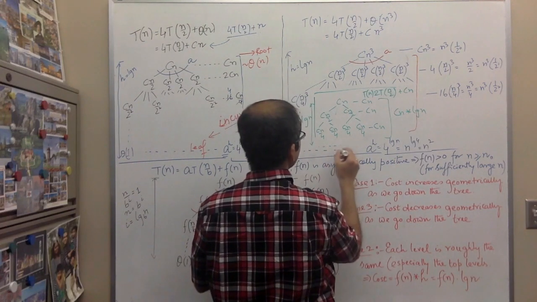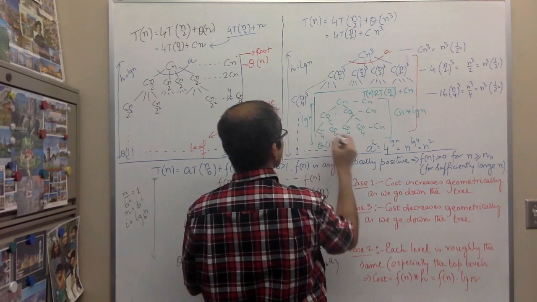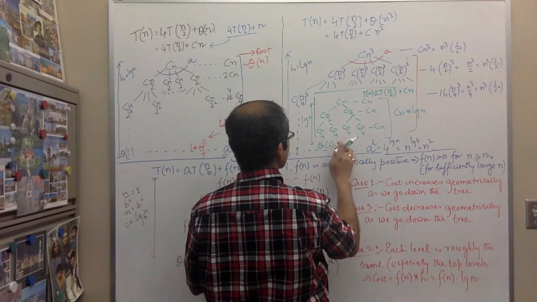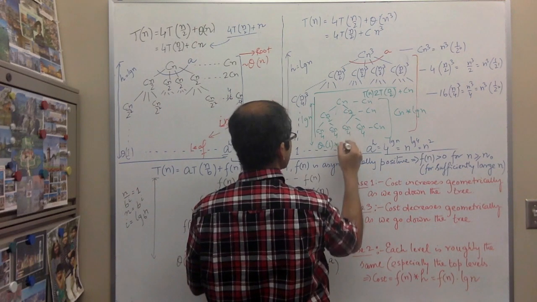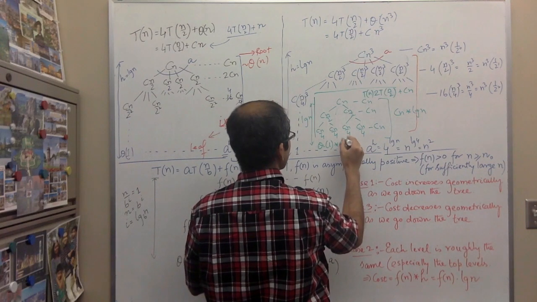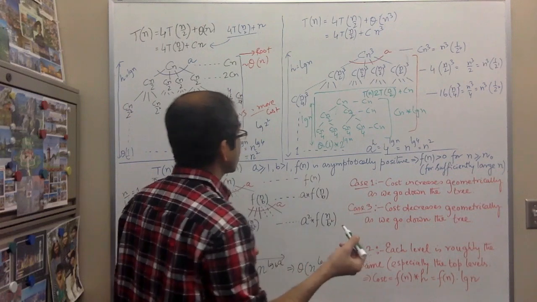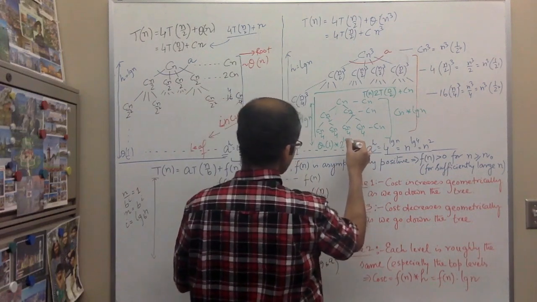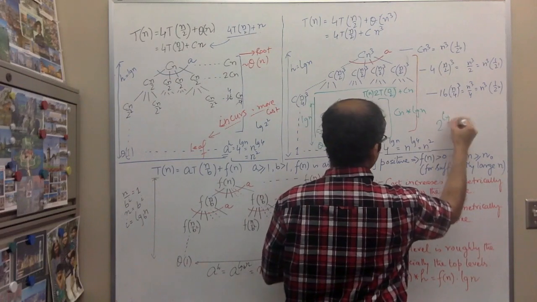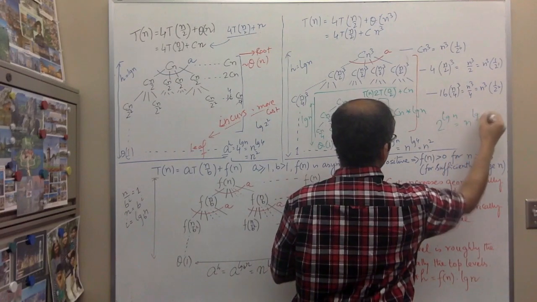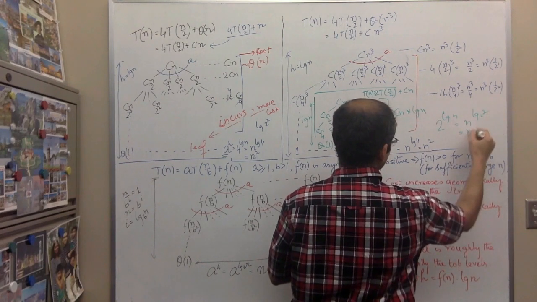The nodes at the leaf level were theta 1 times a to the power h, which is a to the power log n. A is 2, so 2 to the power log n is n, by the logarithmic base change, n to the power log 2 base 2, which is 1, so that was n.